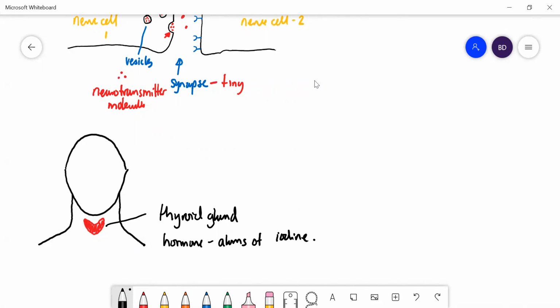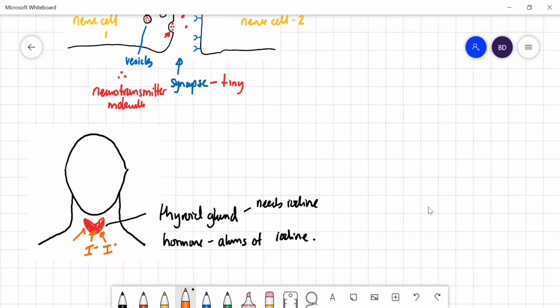So that means the thyroid gland needs iodine. Now, iodine is only found in very, very low concentrations in your food, and the thyroid gland needs a lot of iodine. So the thyroid gland has to use active transport to get the iodine into the thyroid gland where it's needed.